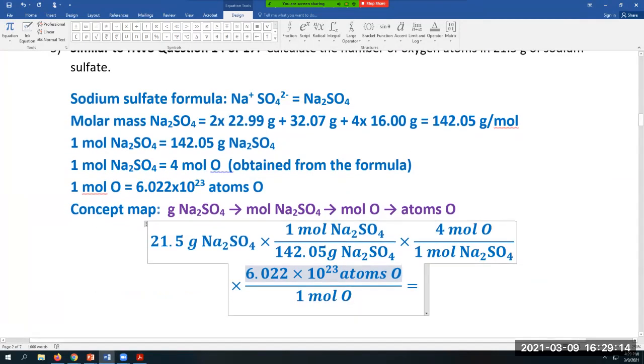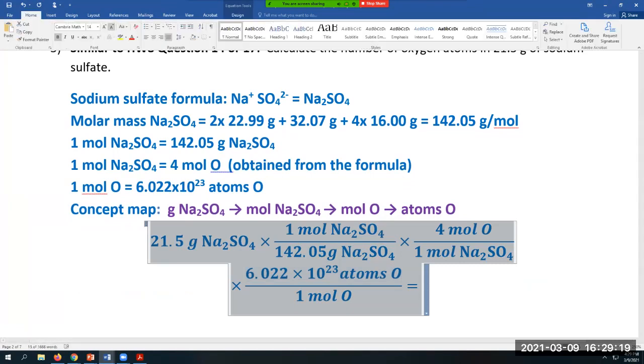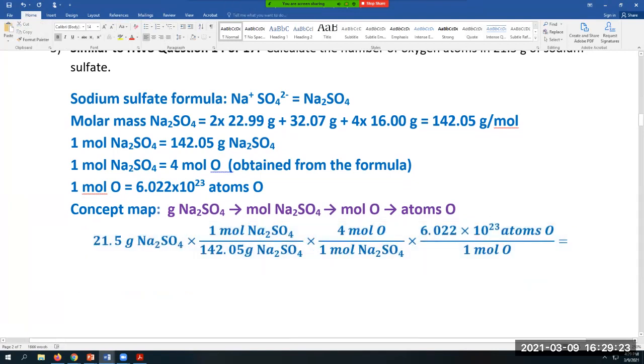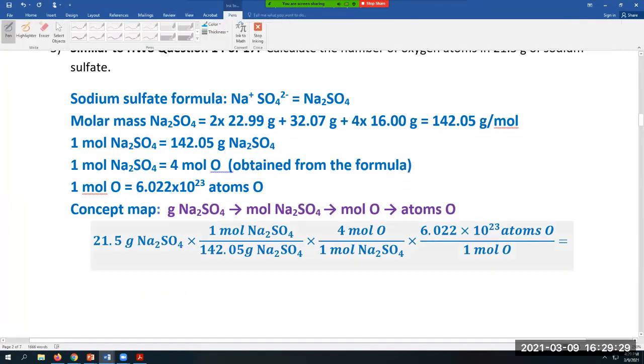Let me make this smaller so that it stays in one line, because it is important to keep everything in one line to see how units cancel. So let's show how units cancel. Let me use different colors. So grams of Na2SO4 here cancel.